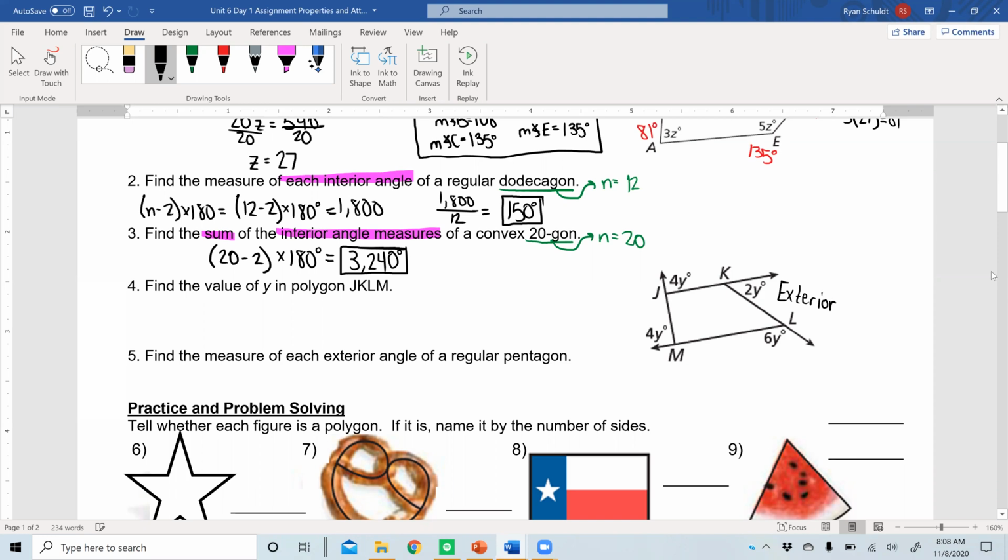What do all exterior angles add to? 360. So to get y, I have to add them all up and set them equal to 360. So 4y plus 2y plus 6y plus 4y equals 360.